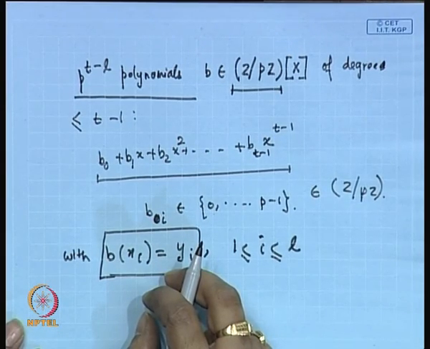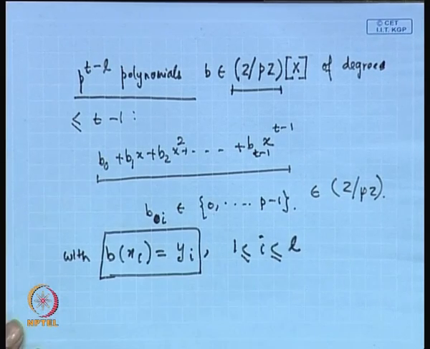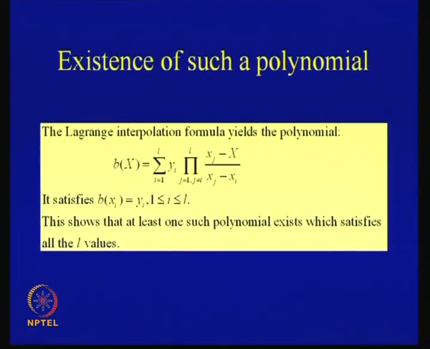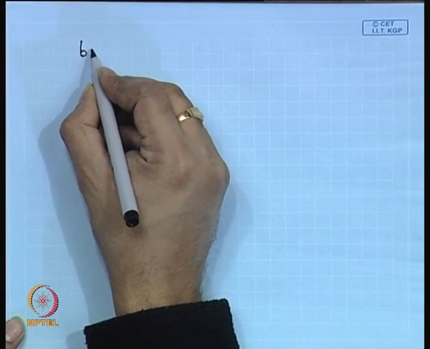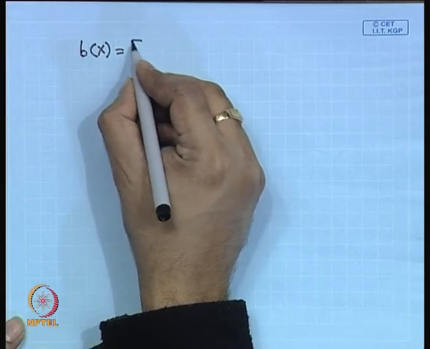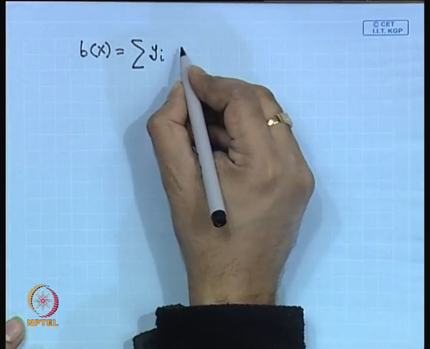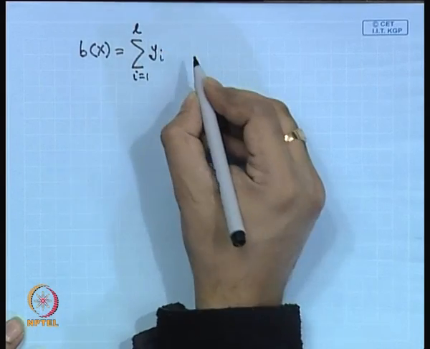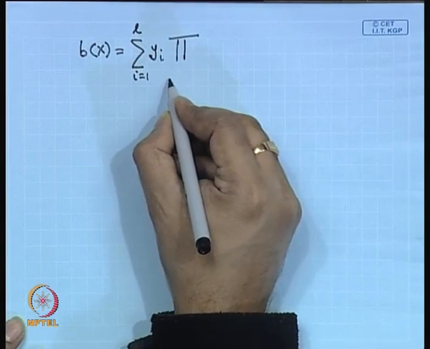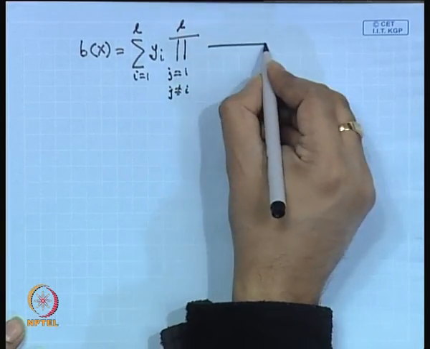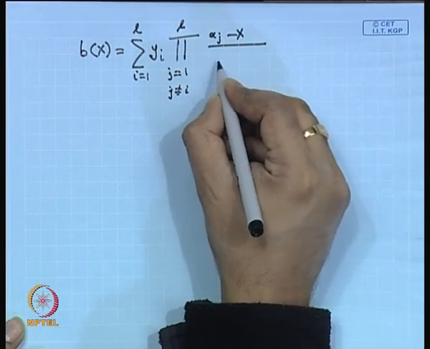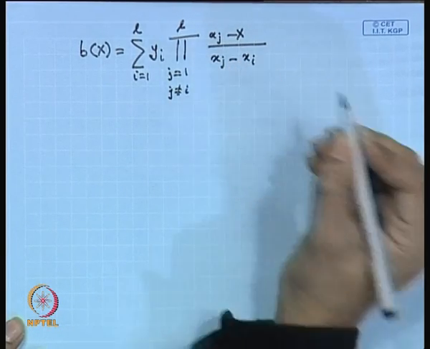Okay. Now, why so? In order to understand that, you consider the Lagrange's interpolation formula. The Lagrange's interpolation formula says that if you have a polynomial b(x) constructed as follows: you take a sigma over y_i where i varies from 1 to L, and then there is a product over j from 1 to L, j not equal to i, of (x_j minus x) divided by (x_j minus x_i).